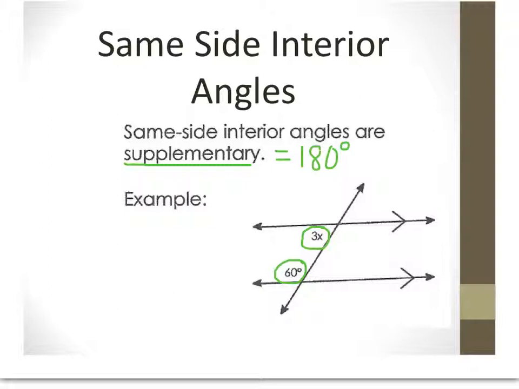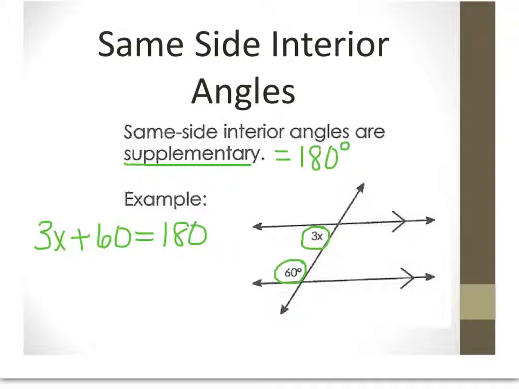So, if we want to find out what the measure of 3x is, we know that the two together equal 180. So we would say 3x plus 60 equals 180 because the two angles together equal 180.